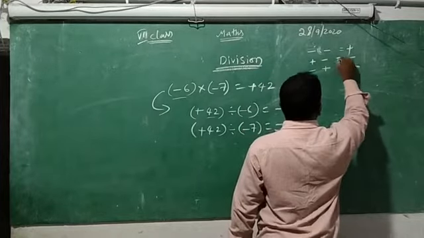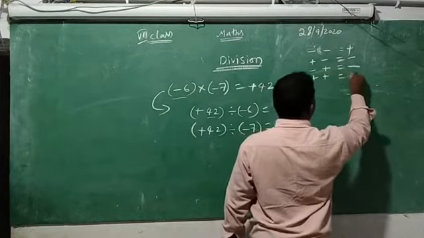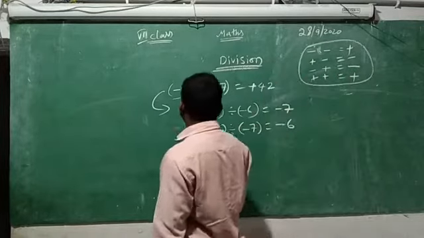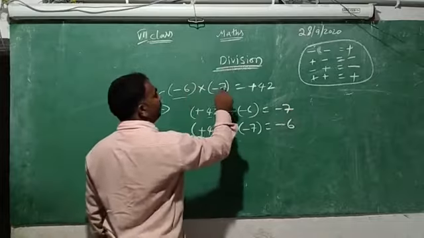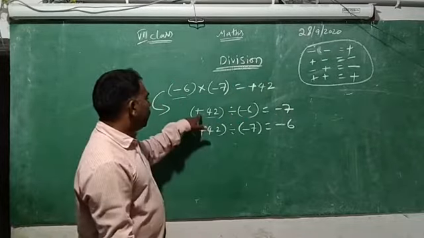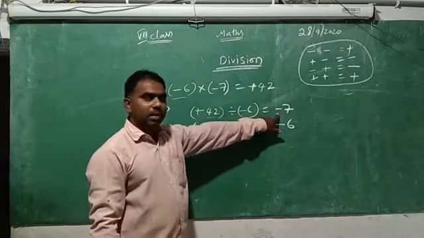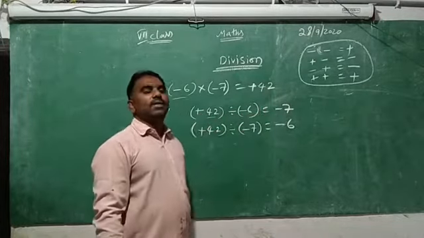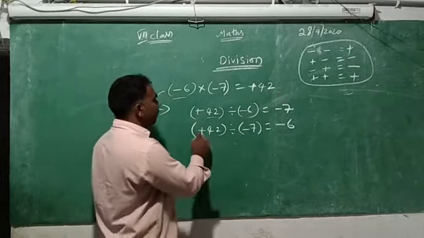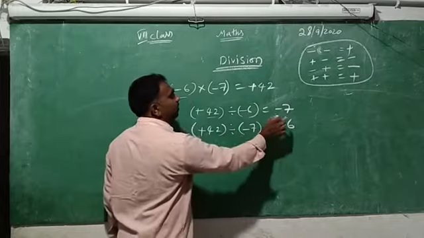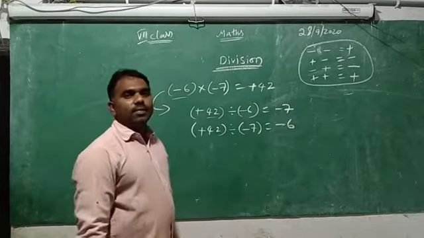Minus and plus will become minus. Plus and plus will become plus. The symbol combination is the same as in the multiplication. Here plus and minus will become minus, and 42 divided by 6 will be 7. Here also plus and minus will become minus, 42 divided by 7 will become 6.